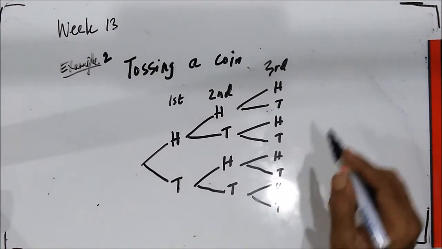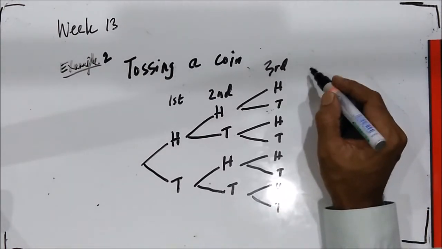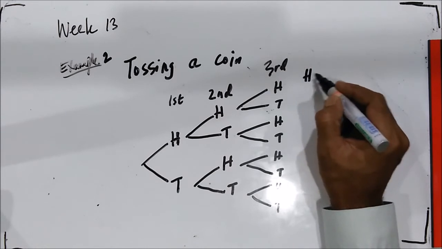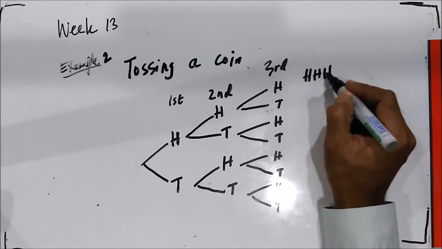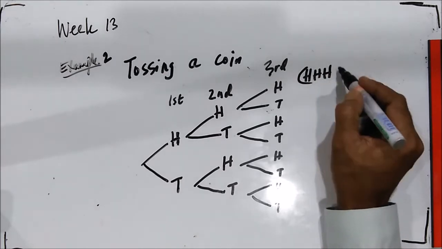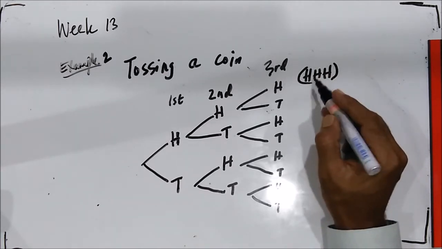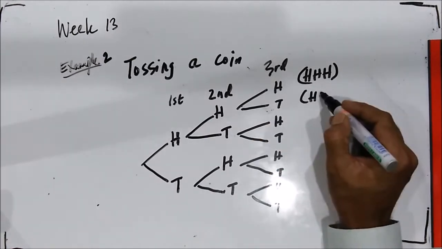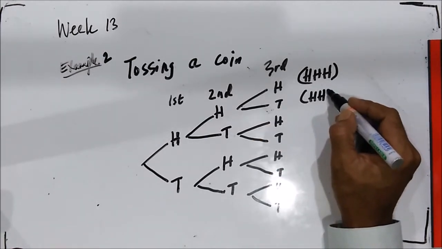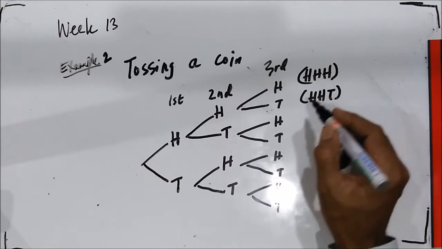So the possible outcomes here are head in the first toss, head in the second toss, and head in the third toss. That's one. Then the second one is head in the first toss, head in the second toss, and tail in the third toss.